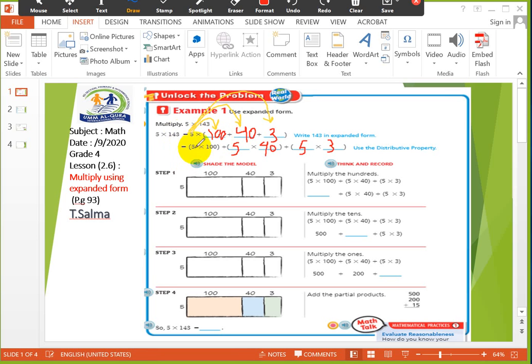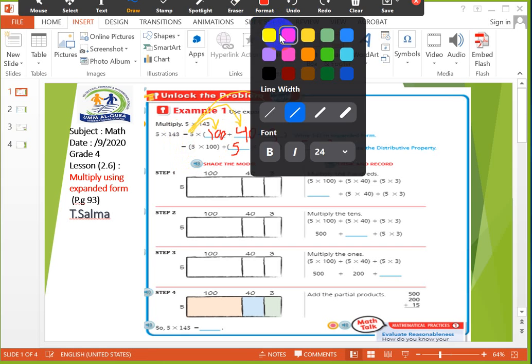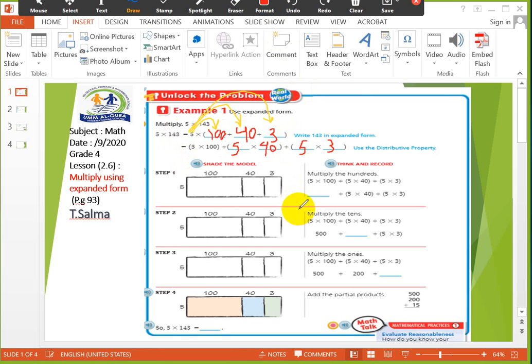So 5 multiply 1 equals what? Equals 5. And put 2 zeros next to the answer, so it will be 500. This is the first number.